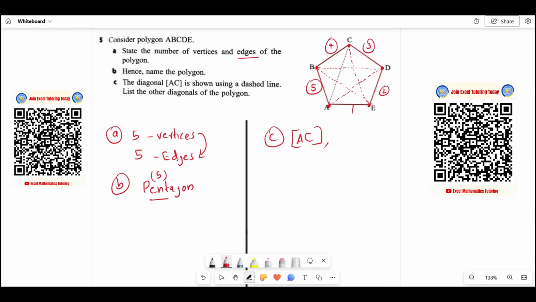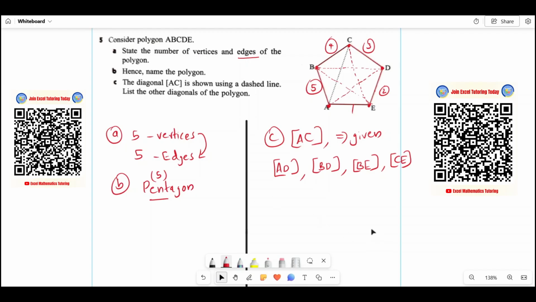We found AD, then BD, then BE, then CE. So these are the other diagonals possible for this polygon, that is for this pentagon. So basically how many diagonals? 1, 2, 3, 4, 5 diagonals are possible.